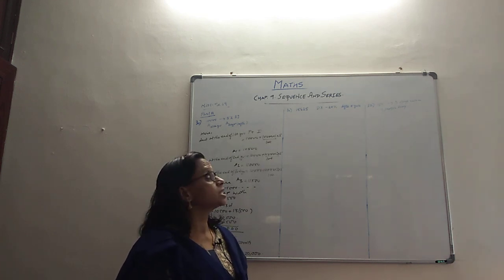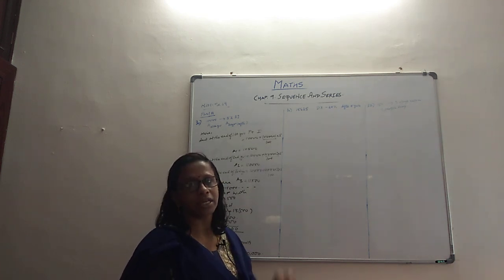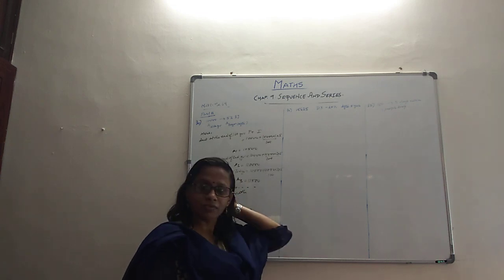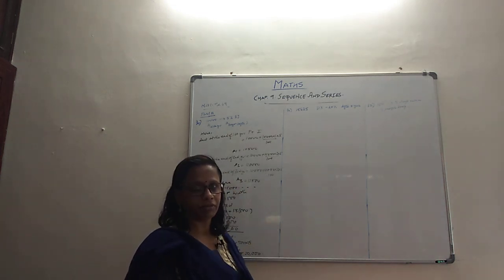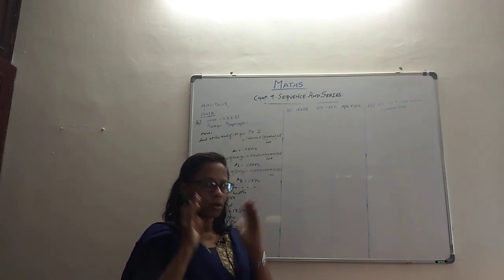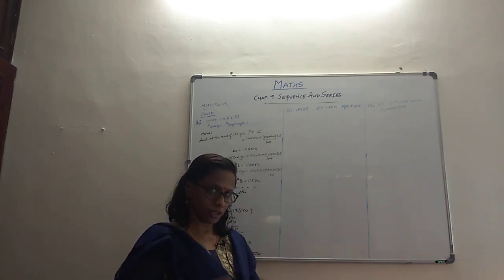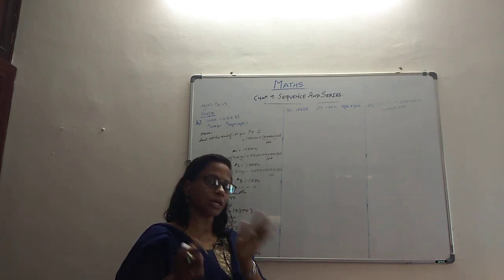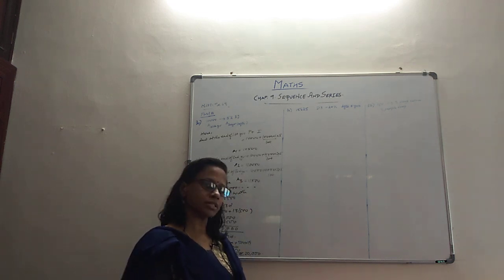So depreciation percentage is 20%. If that is the case, he asks us to find out what is the amount at the end of the 5 years. So we are going to do this. Amount at the end of first year, amount at the end of second year, amount at the end of third year, then find out whether it is an AP or a GP, then amount at the end of 5 years, right?